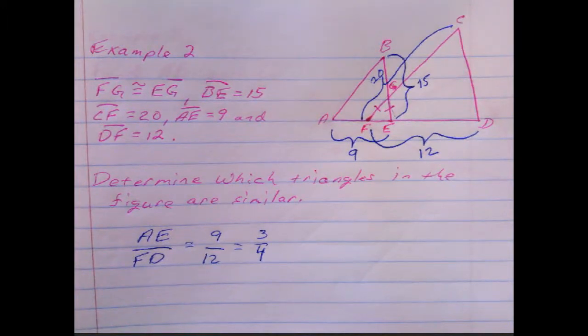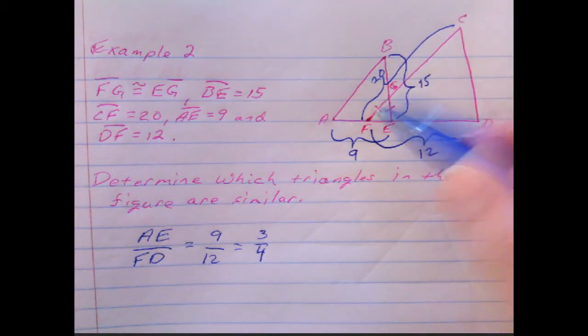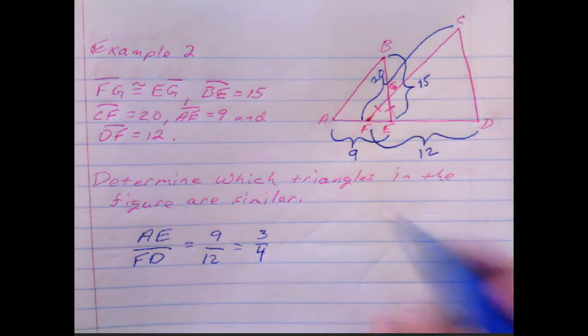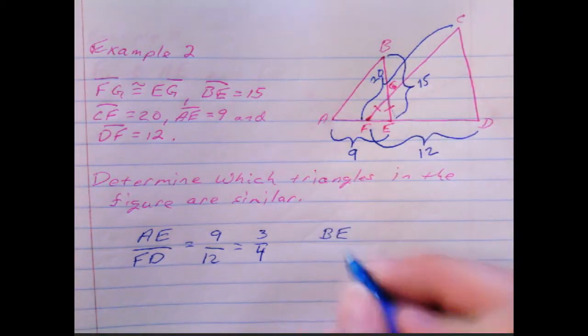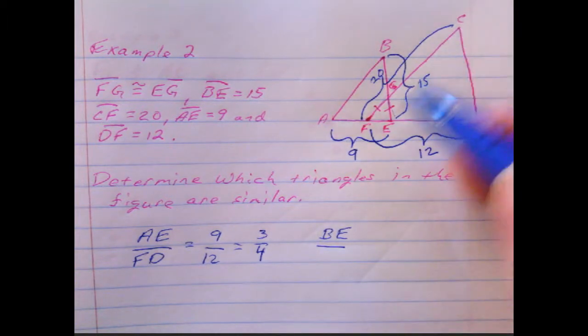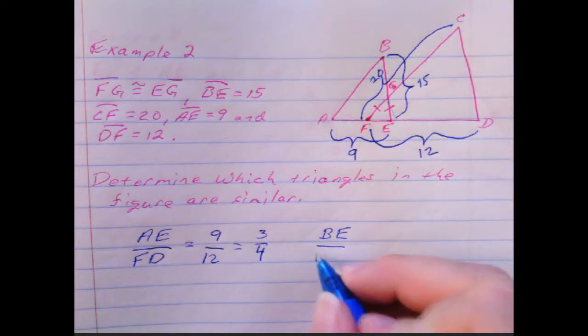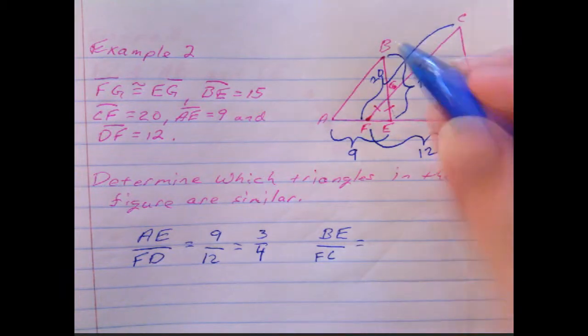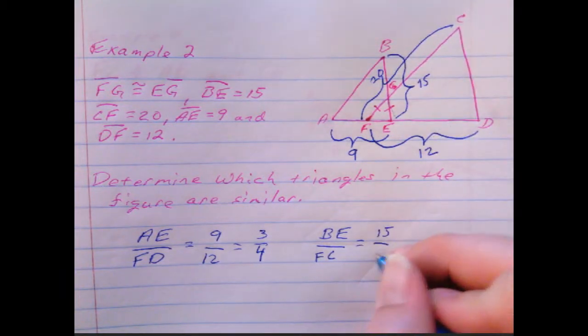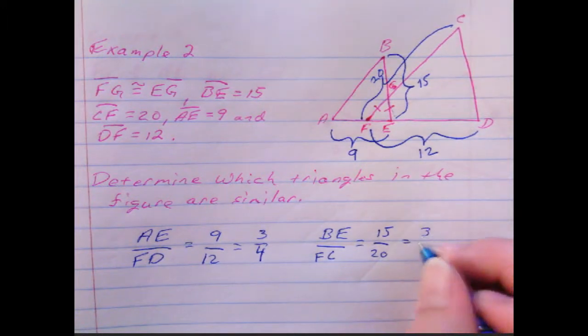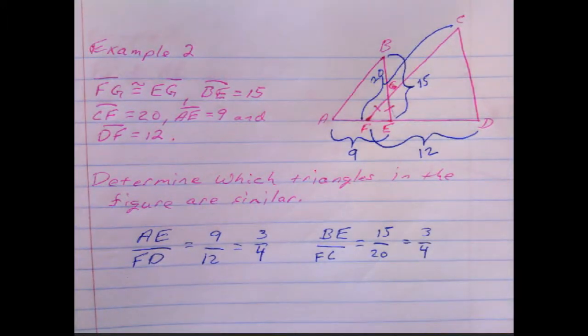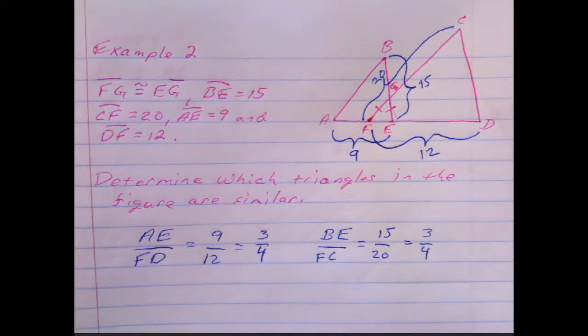Okay, so then the next thing I'm going to be looking at is these two sides. So let's see, AE, that would go with BE, would need to be on top. And this bigger triangle, that would be FC. So BE was 15, FC was 20. If I reduce that, dividing by 5, I get 3/4. So those sides are proportional.